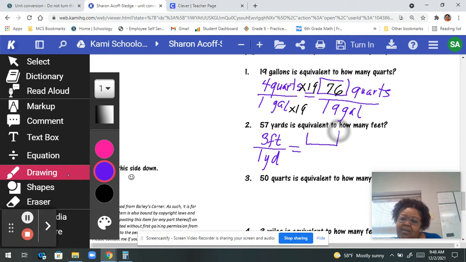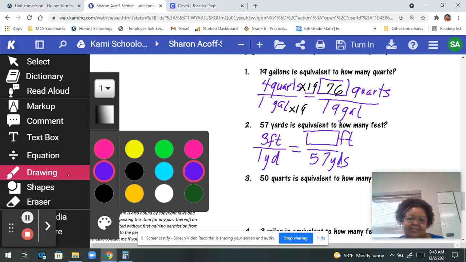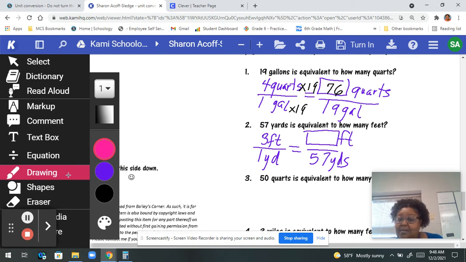So how many feet is equivalent to 57 yards? So 1 times 57 is 57, right? Right there. So I'm going to have to multiply 3 times 57 to get that equivalent fraction.